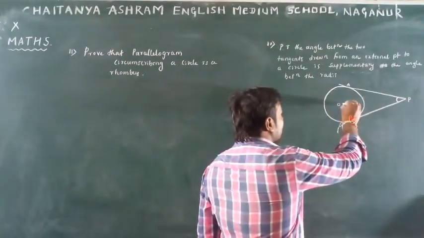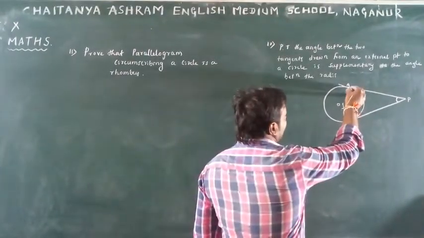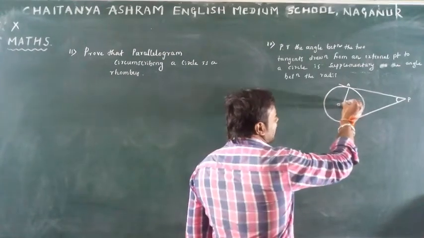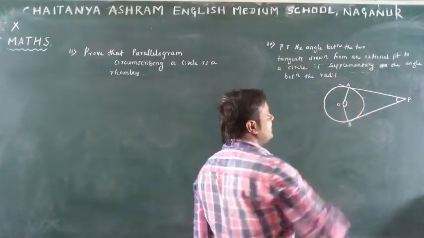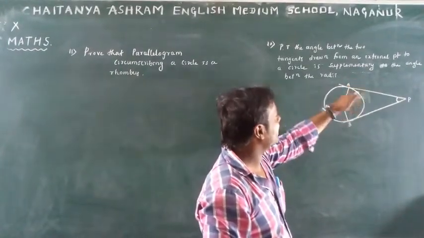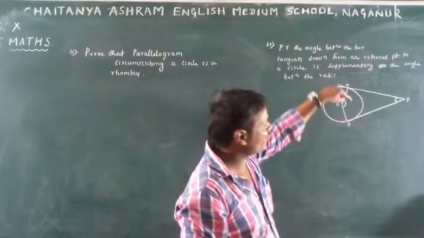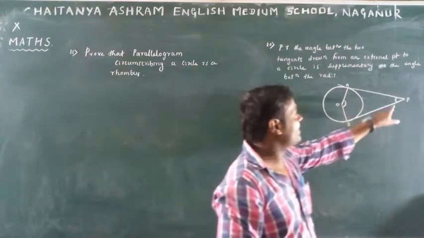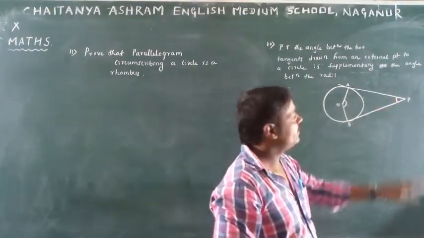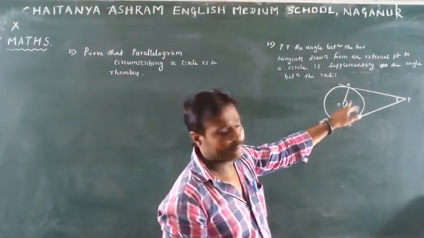So now join OB and AO. The angle between the radii is this one. These two radii are drawn from the points of contact. This angle between the tangents is supplementary to the angle between the radii.